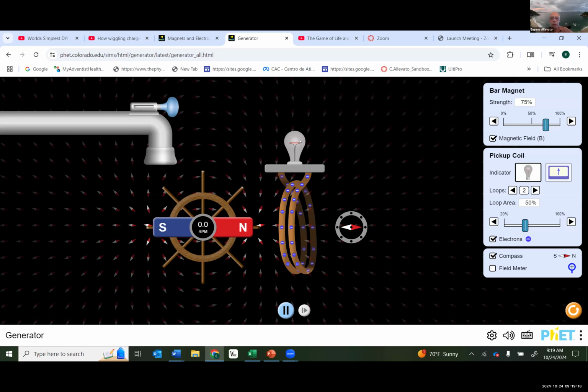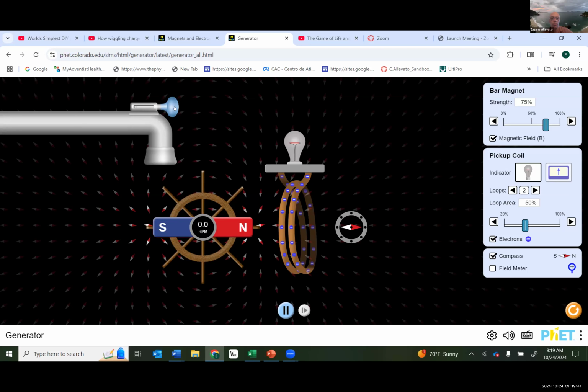If we want to turn the light on, we would have to apply some motion here, actually do some work, so we can convert that into electricity and light the bulb.